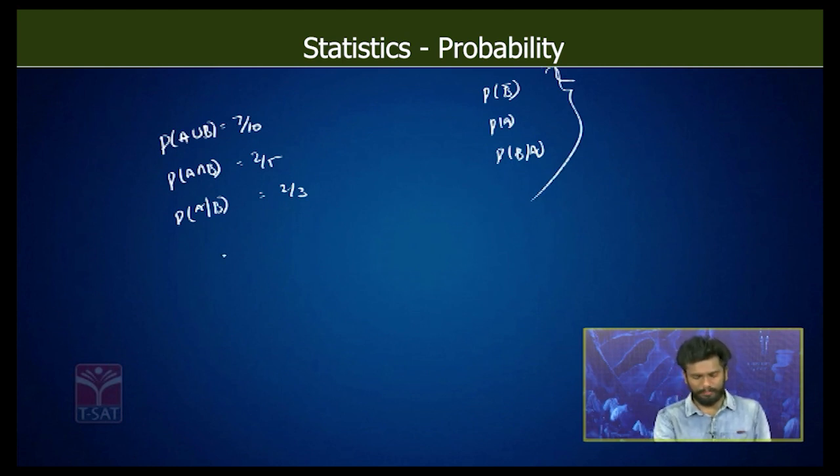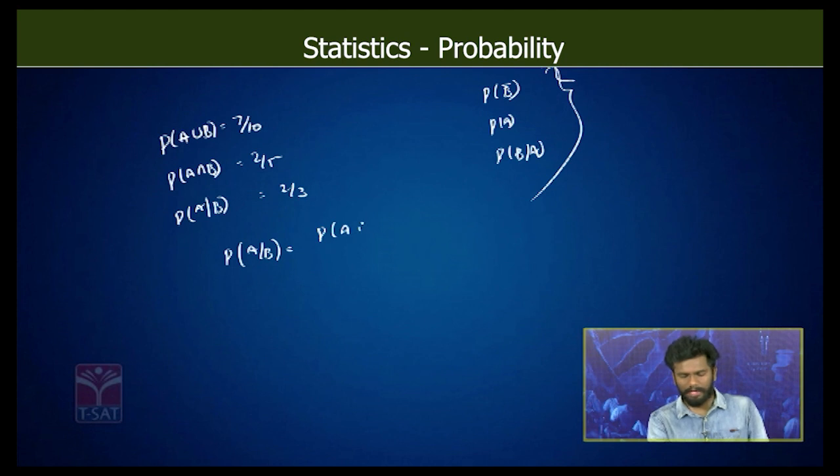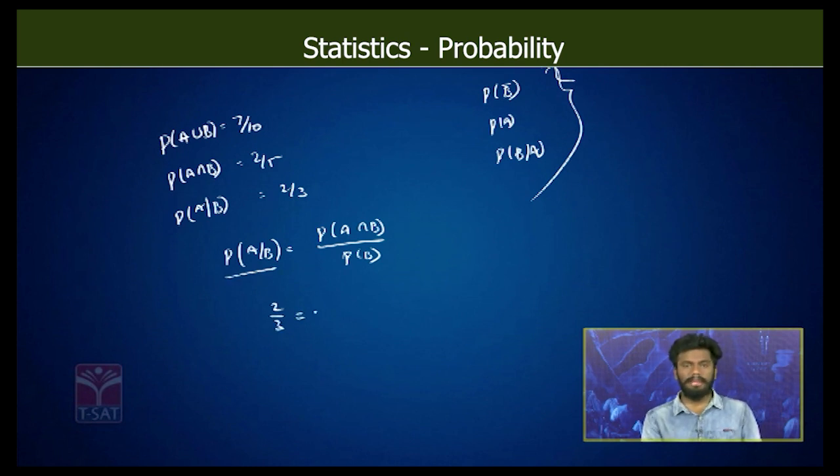Now see here first. Probability of A given B. What is the formula for probability of A given B? It's nothing but probability of A intersection B divided by probability of B. So we know the value of probability of A given B, that is 2/3, which is equal to probability of A intersection B, that is also known, it is 2/5, divided by probability of B, which is unknown, we have to find out.